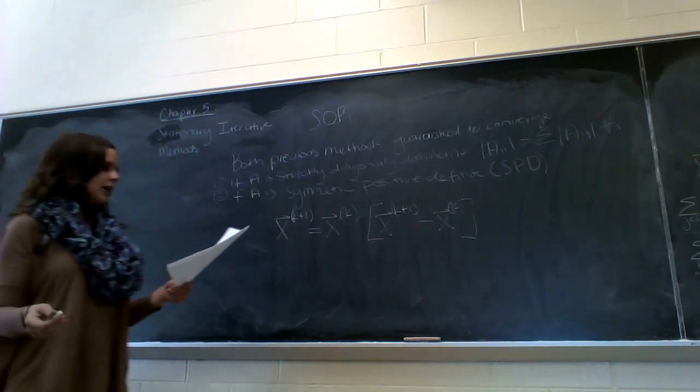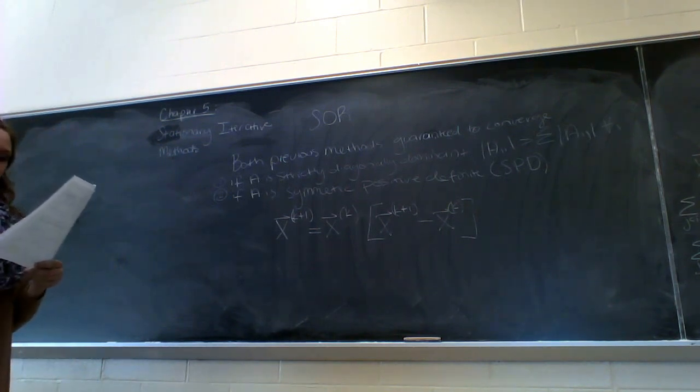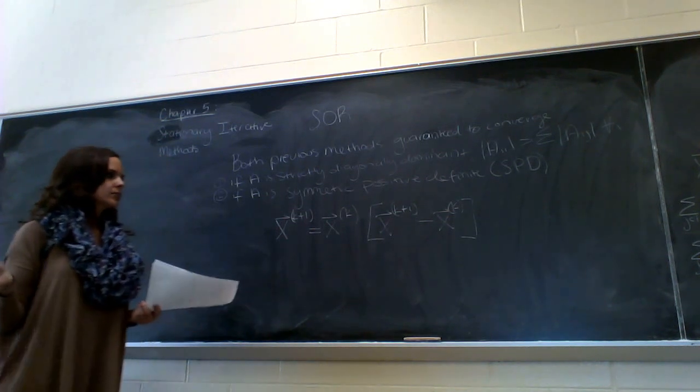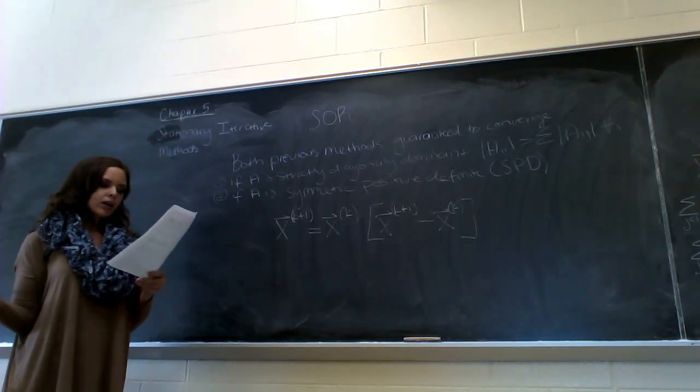So here in the brackets is the step taken from x^k to get to x^(k+1). So we have our previous solution plus our step to get from x^k to x^(k+1).